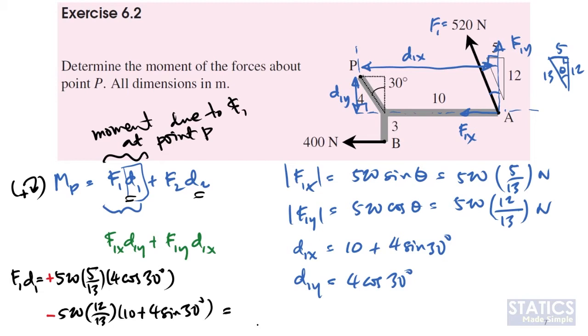Anyone? Negative 1.8. All right. So this is F1 times D1.